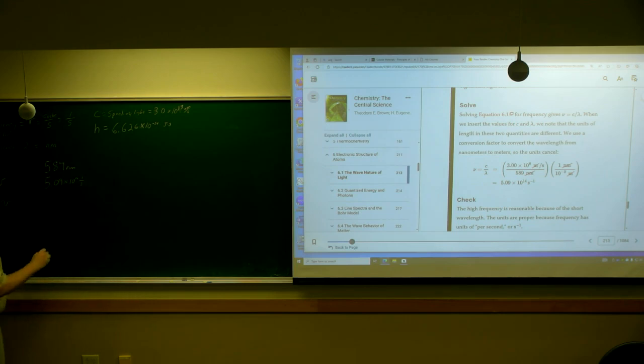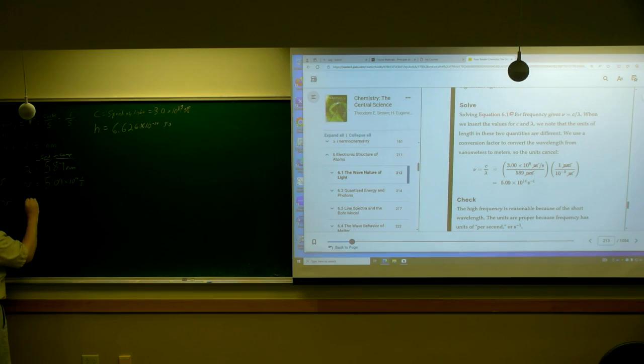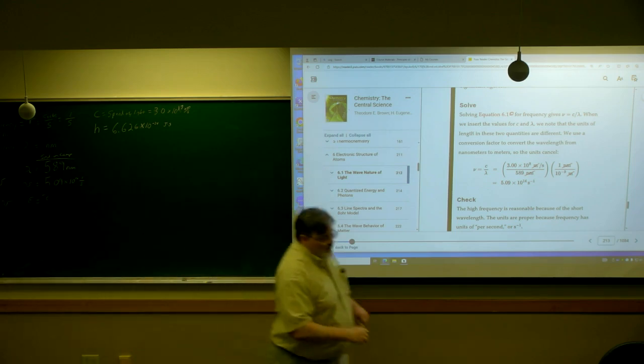So there's the frequency of that wavelength coming from a sodium lamp. There's the wavelength. What would the energy be? That's what this next question is asking.